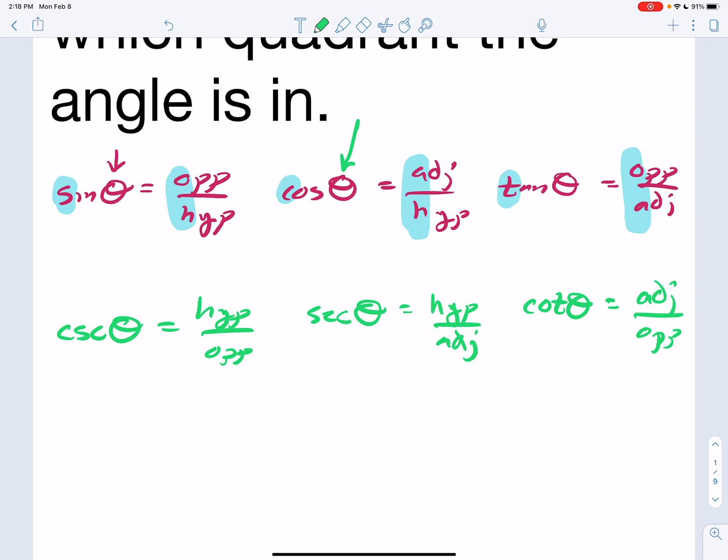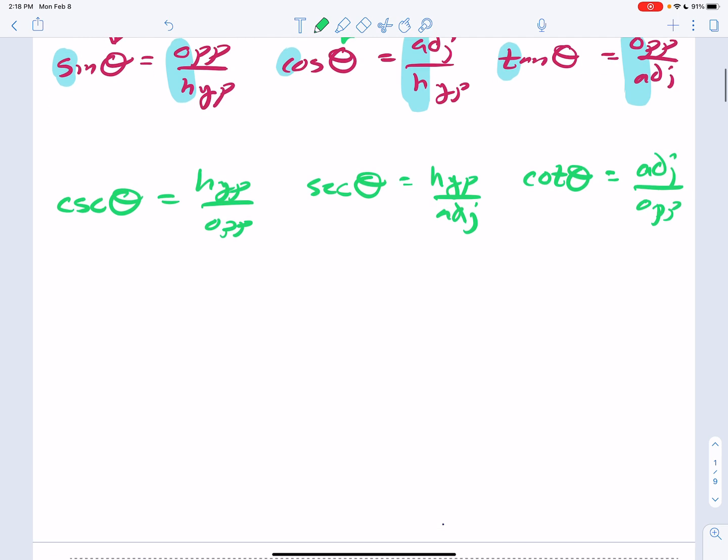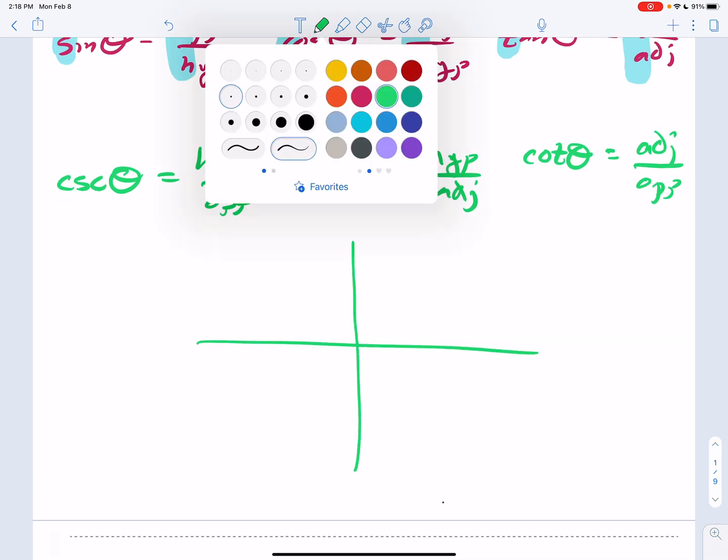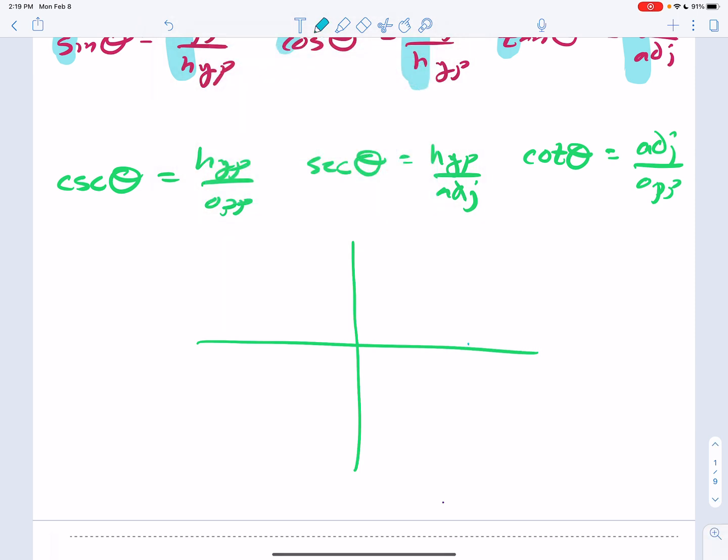In fact, it can go all the way in a circle. So if you just think about it, if we were to open up our angle all the way over here, how big is that angle there? And we can answer that in a second.